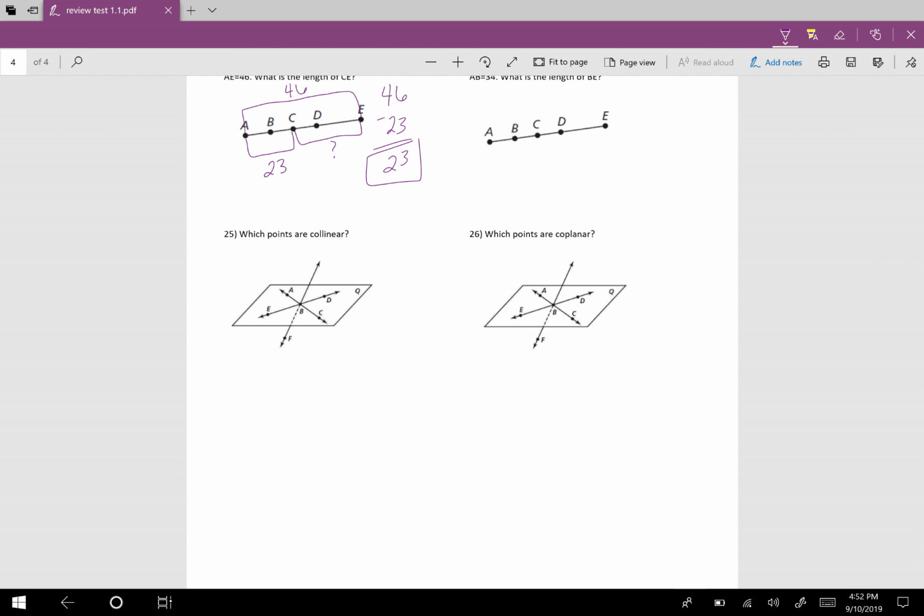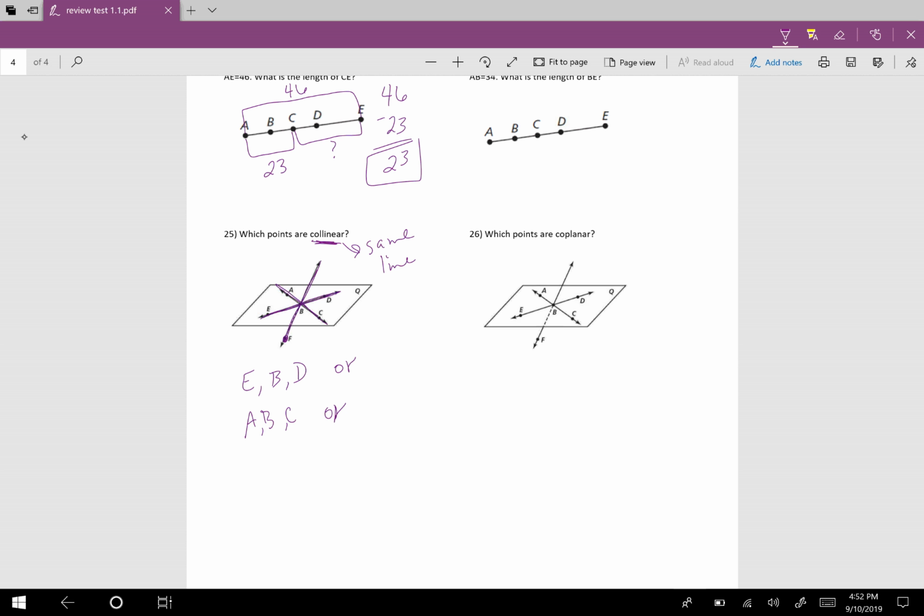All right. And then which points are collinear? Collinear means on the same line. Same line. So which points are on the same line? Well, you have this line right here. So E, B, D, those are collinear. But then you also have another line over here, A, B, C. But then we have the third line going up and down here.